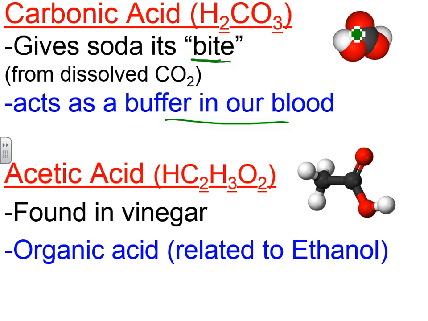Acetic acid is found in vinegar. This is the vinegar acid, probably the most famous organic acid. In other words, an acid that comes from plant material and is used by humans. So everyone has a few gallons, maybe a gallon or so, of vinegar at their house. And it's actually related to ethanol. Ethanol is actually the same formula except without one oxygen.